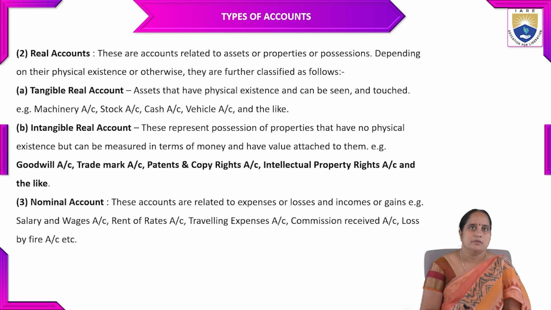Tangible real accounts are assets that have physical existence and can be seen and touched, for example, machinery account, stock account, cash account, vehicle account, etc. Intangible real accounts represent possession of properties that have no physical existence but can be measured in terms of money and have value attached to them, for example, goodwill account, trademark account, patents and copyrights account, intellectual property rights account, and the like.